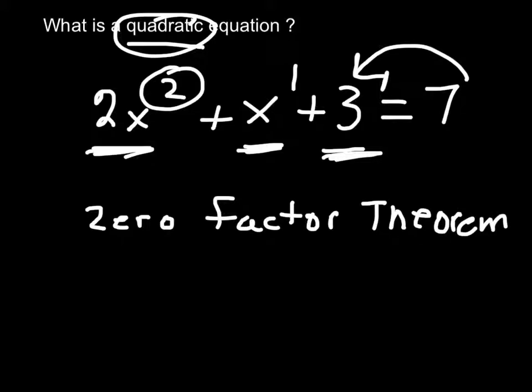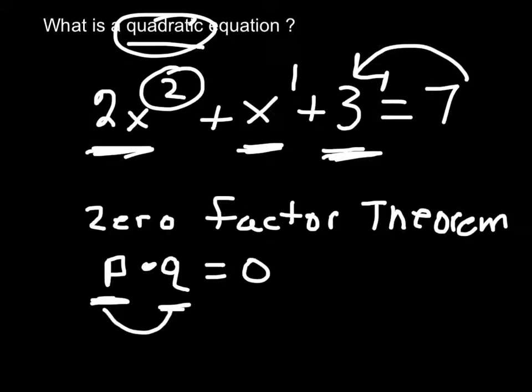What the zero factor theorem says is if I take some number p times some number q, and that is equal to 0, well, how would I get 0? Either p has to be 0, or q has to be 0, or both of them have to be 0. That's the only way that I can multiply two values together and get 0.